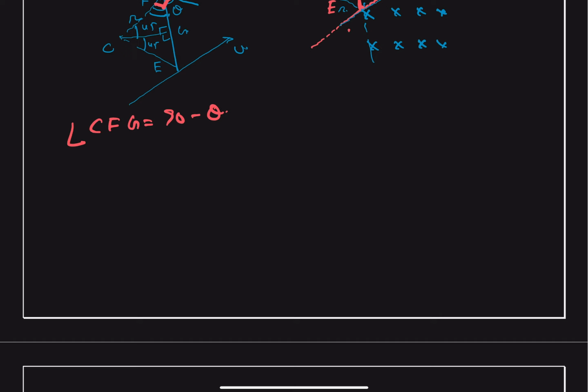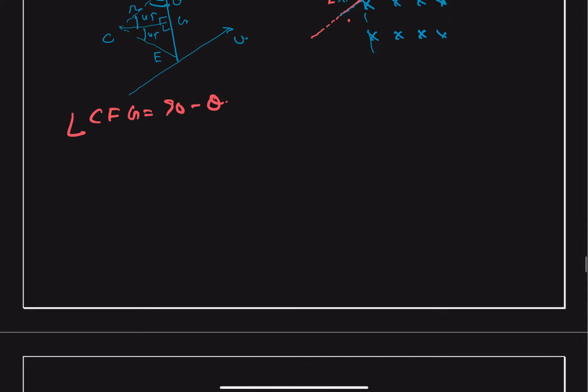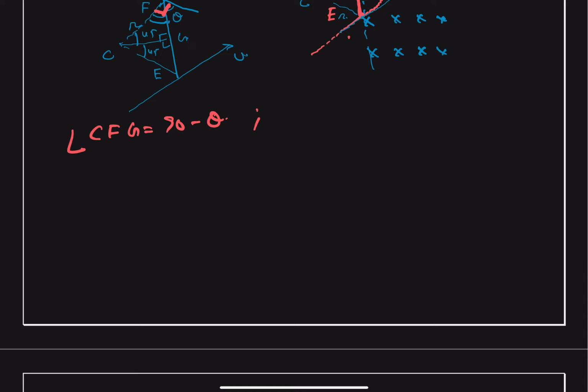From the figure we can also see that CF is equal to CE, and each is equal to the radius.